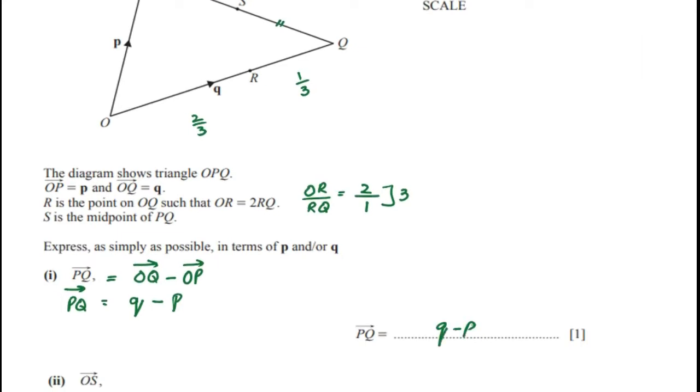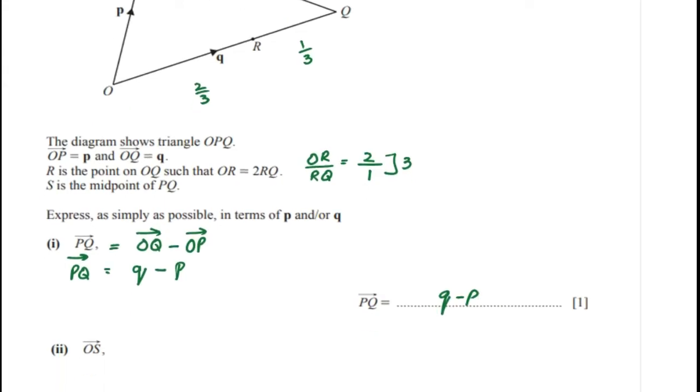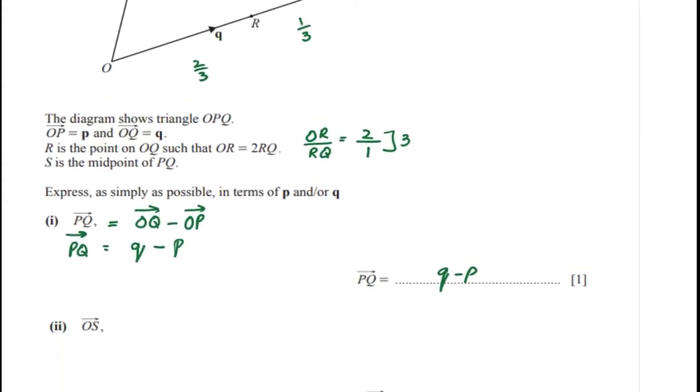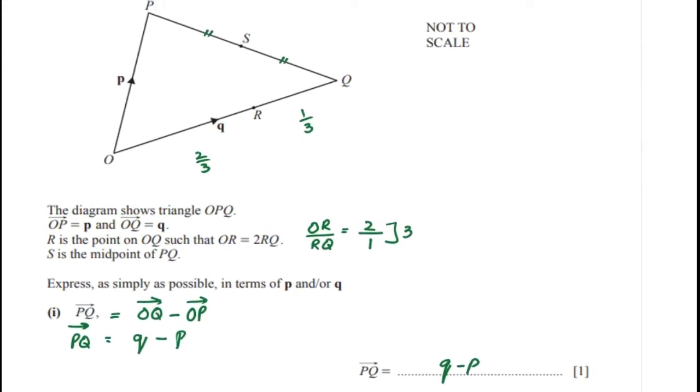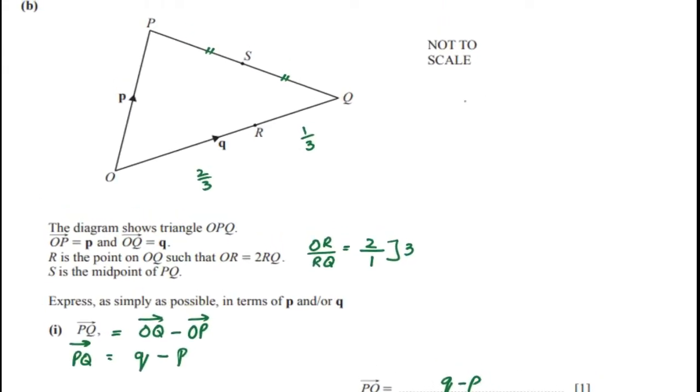Now in the next part they are saying find OS. Okay, so now to find OS, if we take a triangle, OQ plus QS, or to find OS we can take OP plus PS. Both are correct.